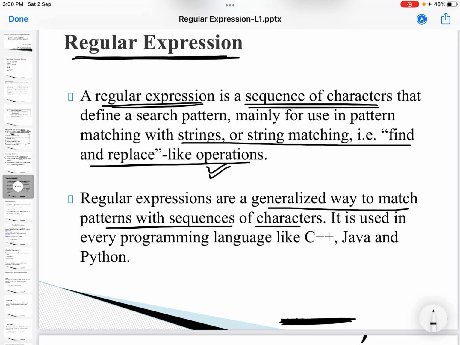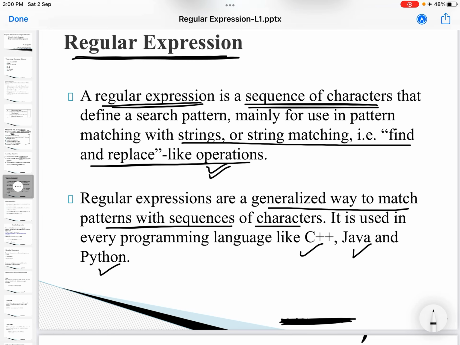A regular expression is a sequence of characters that defines a search pattern, mainly for use in pattern matching with strings, or string matching, that is, find and replace like operations. Regular expressions are a generalized way to match patterns with sequences of characters. It is used in every programming language like C++, Java and Python.